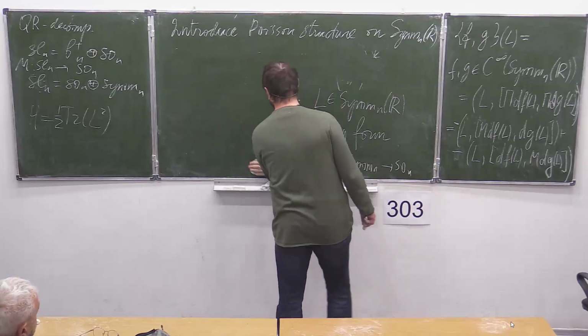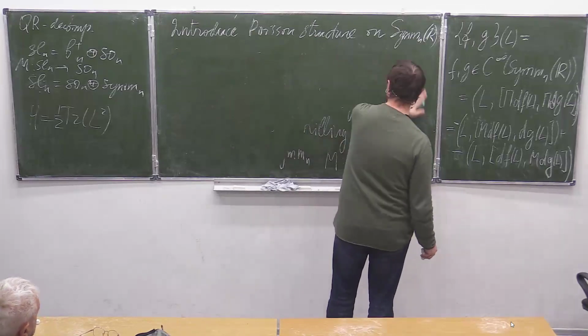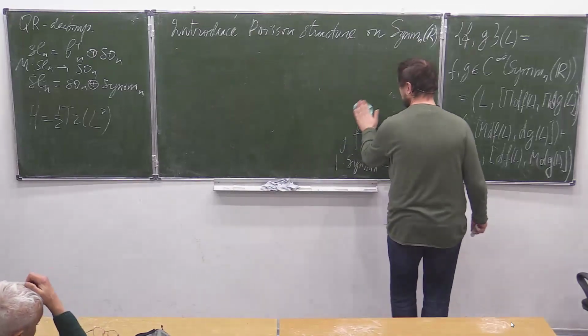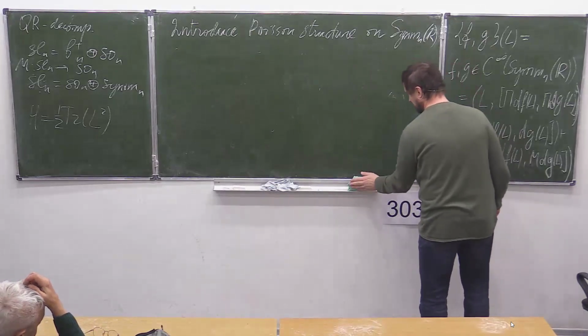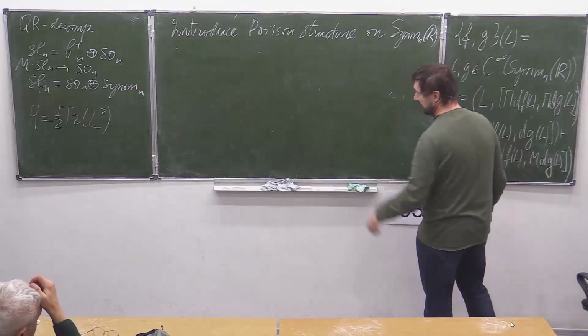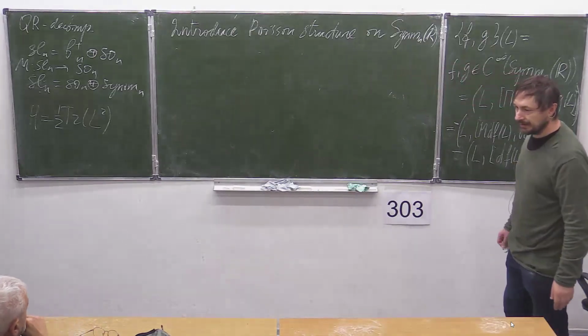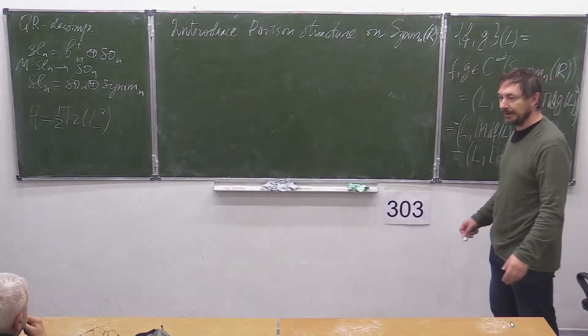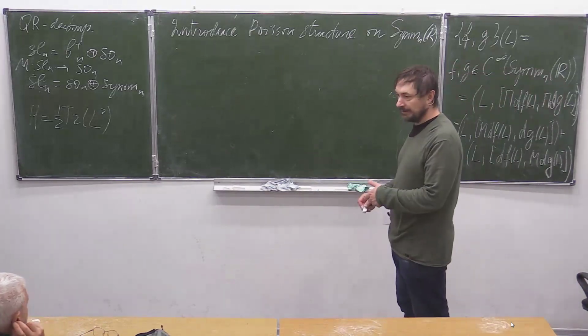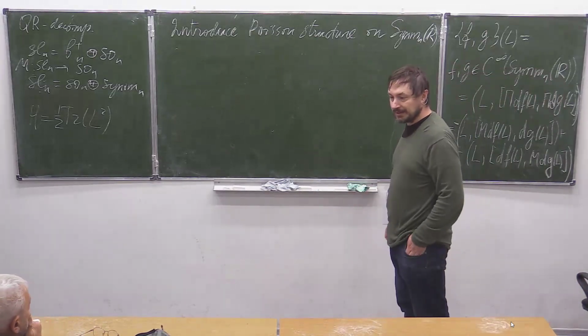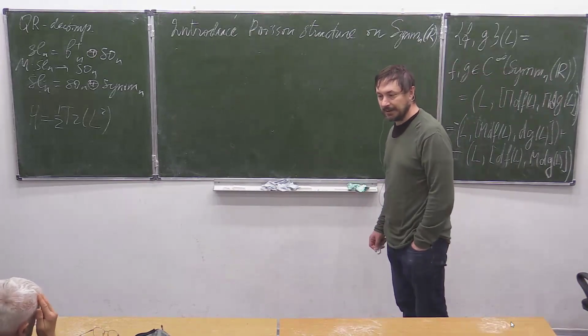Now let me say a few words about why it is integrable. Even though I have given you the explanation why the system is Hamiltonian, it is still far from being clear why this system is in fact integrable. We still have much fewer first integrals in involution than we need.